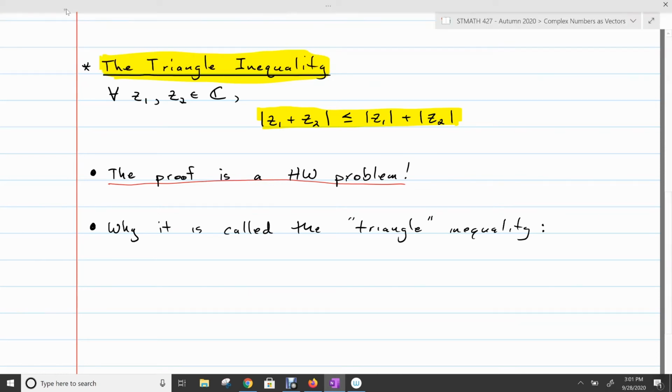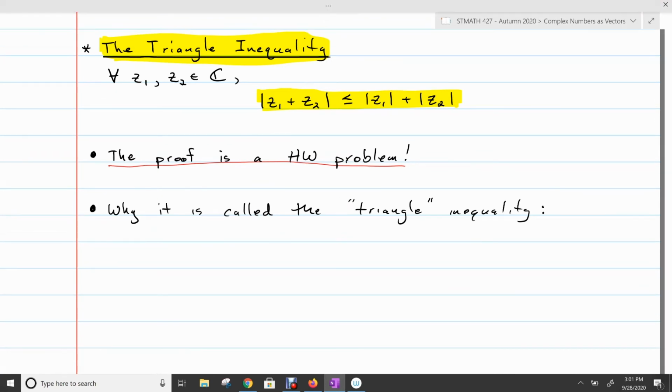I would like to mention why it's called the triangle inequality. You've probably seen the triangle inequality, especially if you took real analysis before you took this class. You use the triangle inequality all the time for real numbers. It's the same inequality just with real numbers instead of complex numbers. But when you're in the real numbers, it's not entirely clear why it's called the triangle inequality.